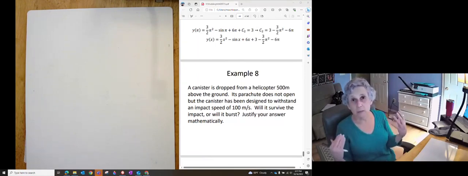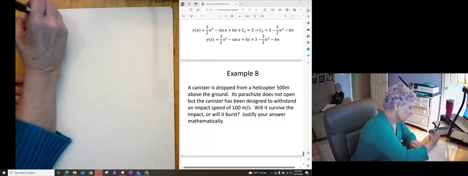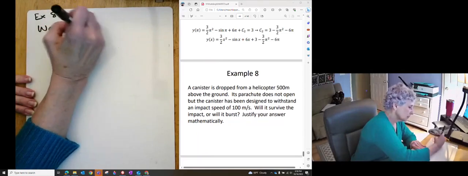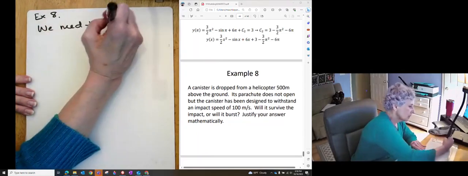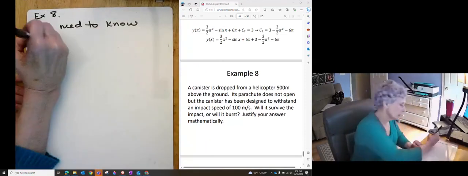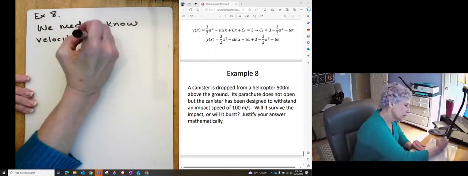So step number 1 is just finding out how we can answer the question. For example 8, we need to know the velocity at the moment of impact.